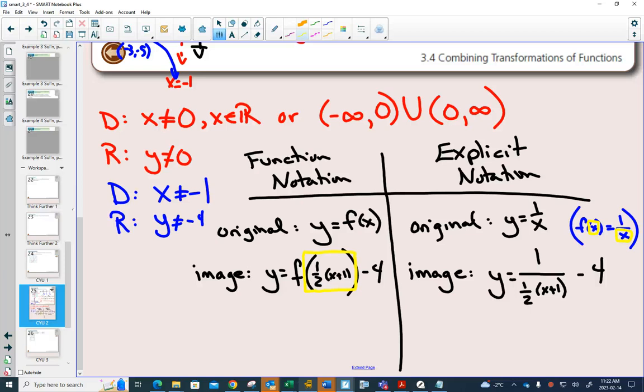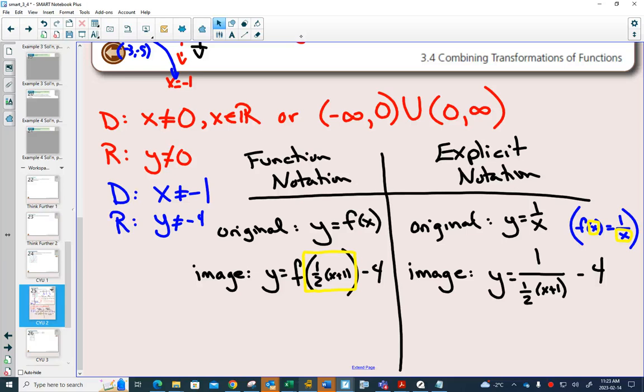In this example in particular, the function notation is way easier to see what's happening. It's so easy to see this 1/2 inside the function, x by 2, this 1 inside the function, 1 left. Can you see yourself getting a little thrown off by the actual equation? This 1/2 is where the x is, it's inside the function. This would mean multiply x by 2, move 1 to the left, 4 down.